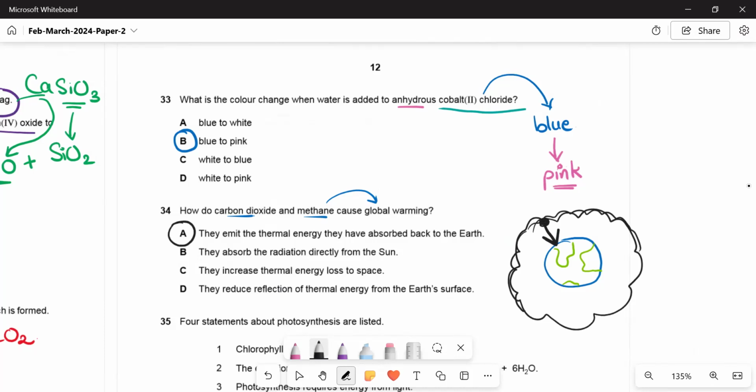Option A, that they absorb the radiation directly from the sun, is wrong. The cause of global warming is that they throw the radiations back on the earth. They increase the thermal energy loss to space, they reduce reflection of thermal energy? No, they emit the thermal energy they have absorbed back to the earth. This one is correct.